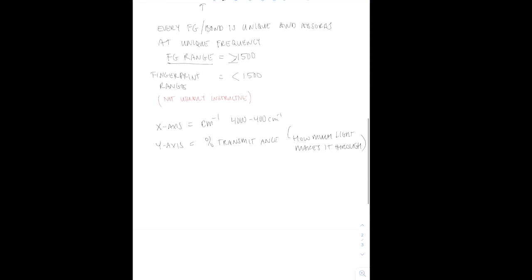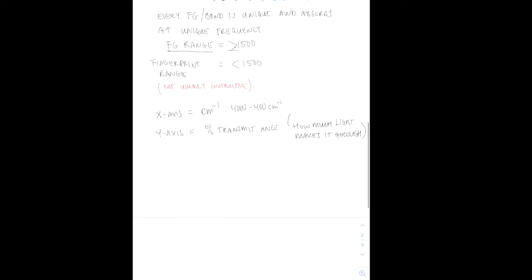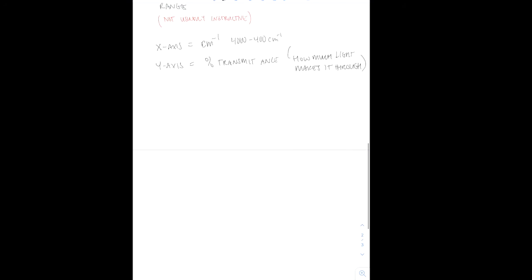All right, and so we do have some pretty common regions for specific bonds, and so what I mean by that is, let me draw a little chart for you. Let's see, we got, boom. So an OH, an NH, and a CH. So we're looking at these bonds to hydrogen.